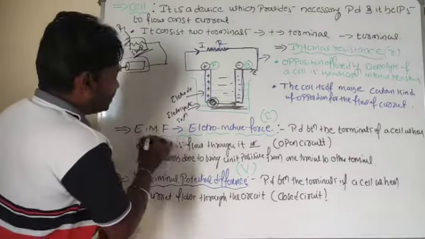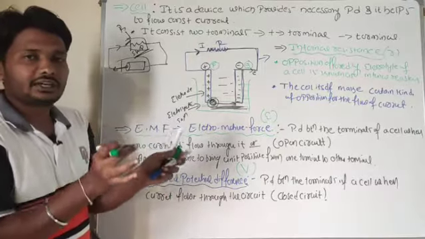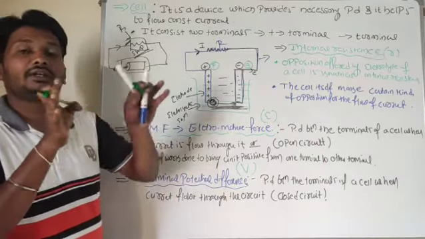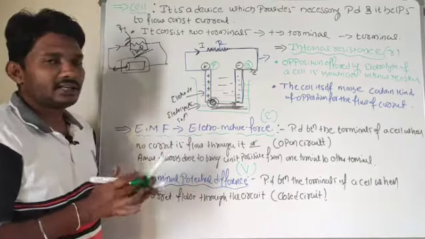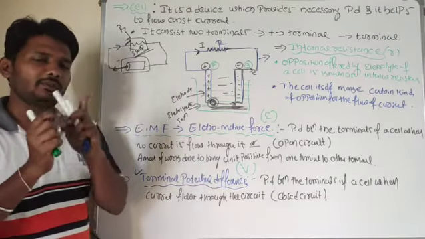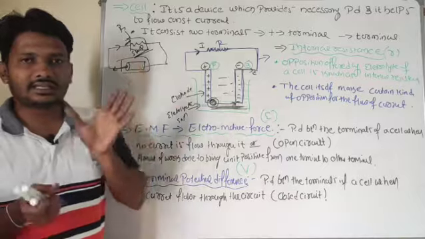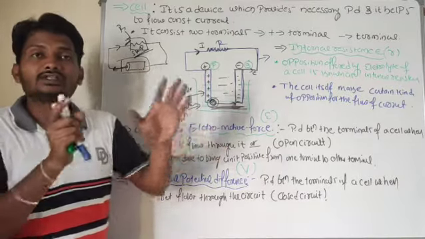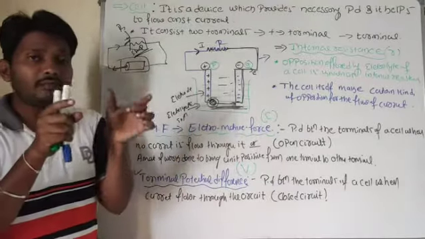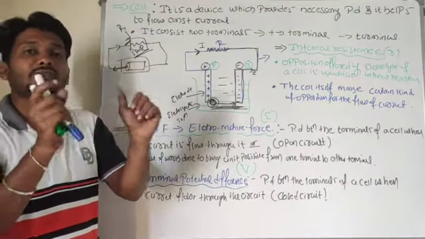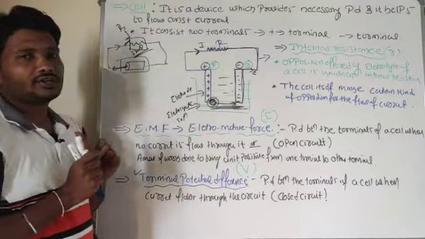So look at here, EMF is nothing but the open circuit cell, meaning current is not flowing through the circuit. Current flowing through the circuit means that is terminal potential difference. Just remember, if you purchase a cell and you are not using it, that is EMF. If you use that cell, current starts to flow from the cell to the circuit, then it becomes terminal potential difference.